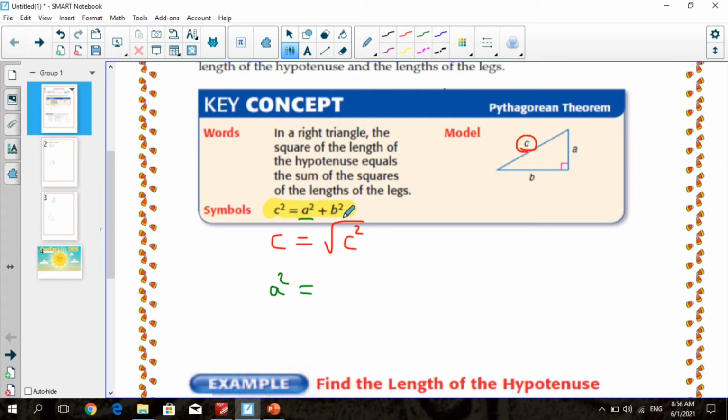So here we have plus B power 2, so let's just move it across the equals sign. So A squared equals C squared minus B squared, because any number moved across the equals sign changes sign. So A squared equals C squared minus B squared. But in the questions, he wants me to find the length of A. So A equals the square root of A power 2.